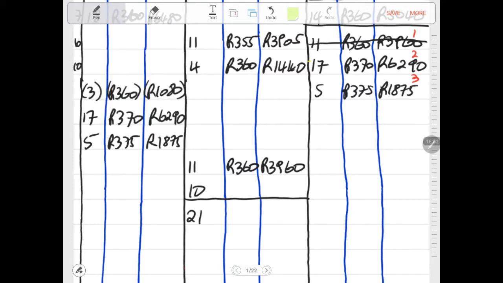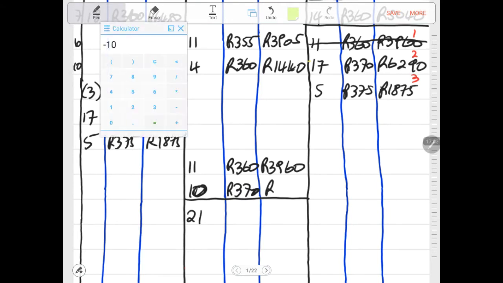We look at the second inventory and we say, out of the second inventory, do we have 10 units? Yes, we do have 10 units. So we can take the 10 units from the available second inventory that was bought at 370. So 10 by 370 gives us 3,700 rands.